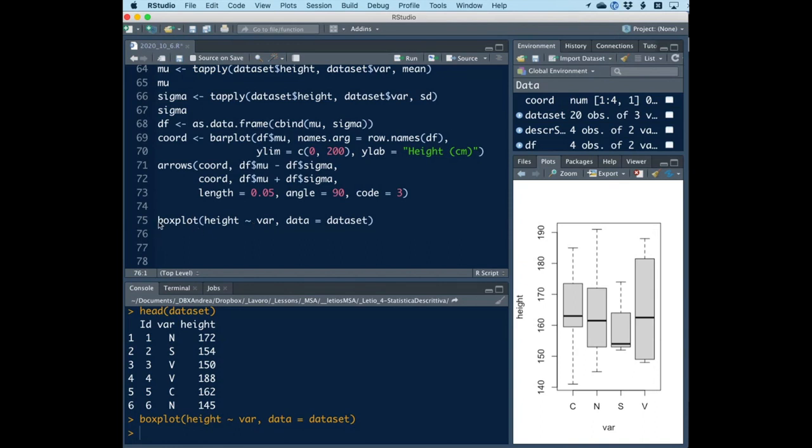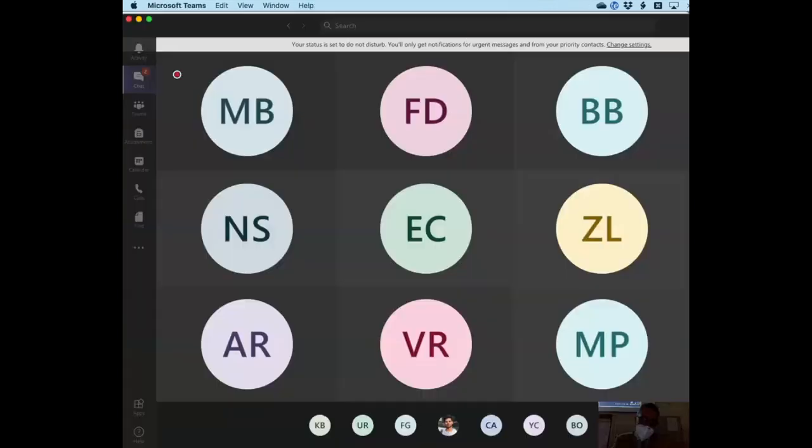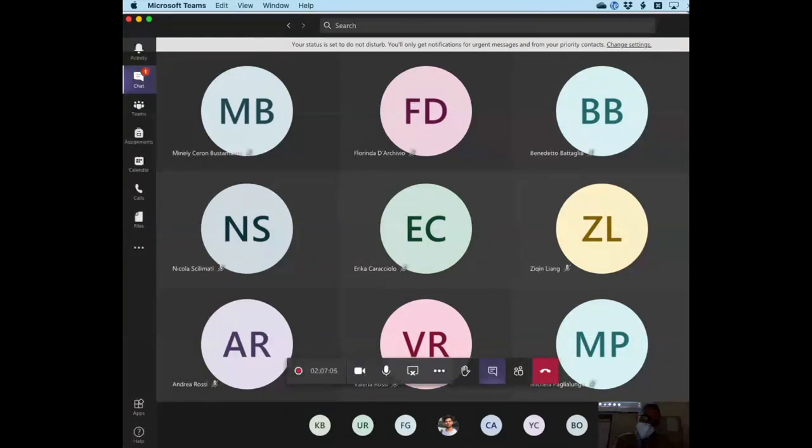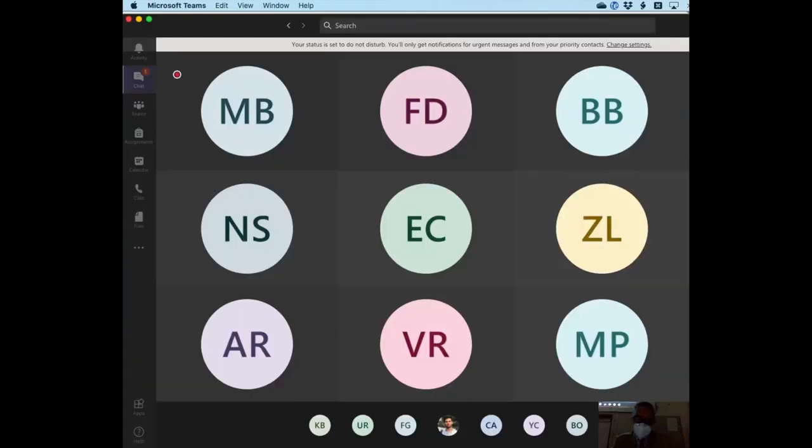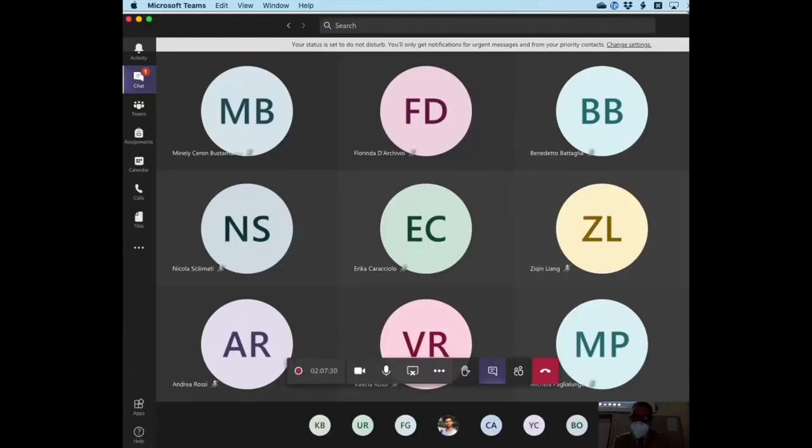So you will not find the tilde on your computer. It's rather hard to type it because we need to use the ASCII code, which is not immediate. So I'm passing you the symbol over the chatbot so that you can copy and paste, and that's more handy. It is important because we express one variable as a function of the other one. The tilde means is a function of.